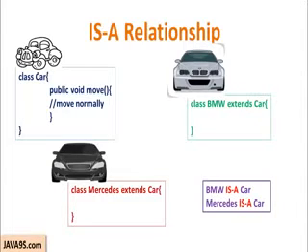Even if I create an object of BMW, I can use this object to call the move method in Car. That means Mercedes is behaving as a car because it is able to inherit the behavior of the car as well. So anything that inherits another class is forming an IS-A relationship with it.